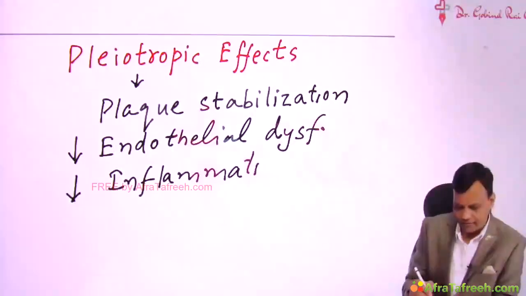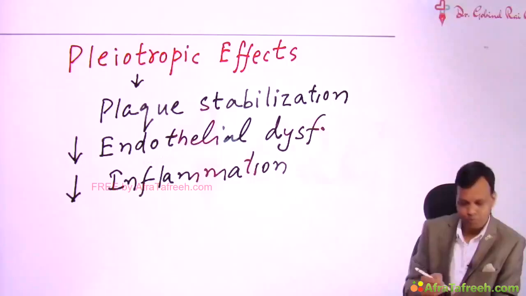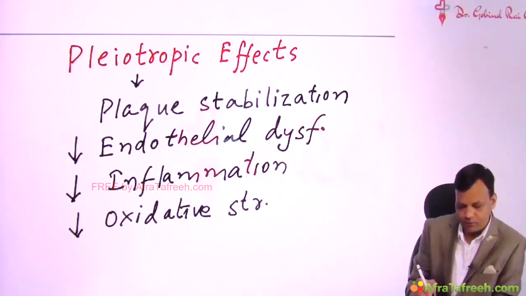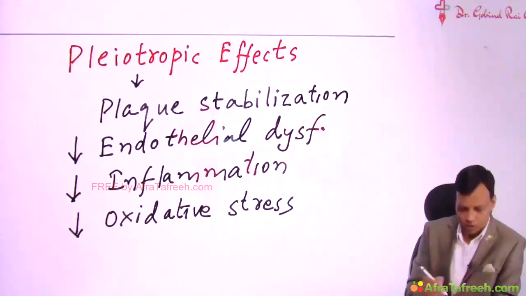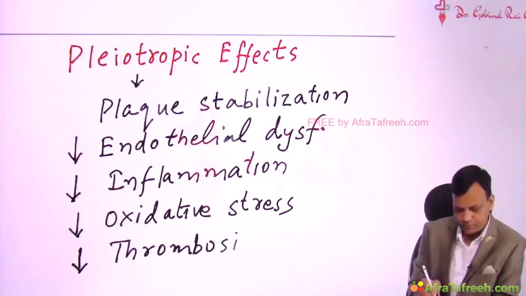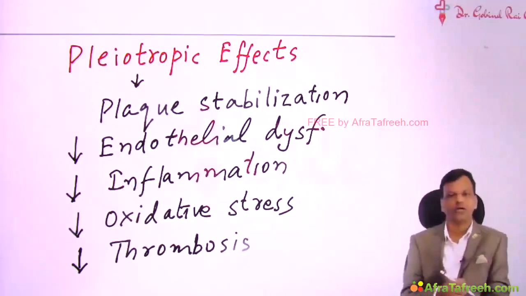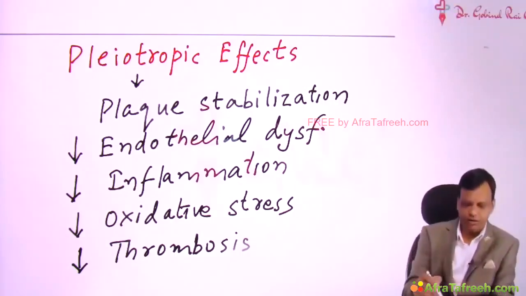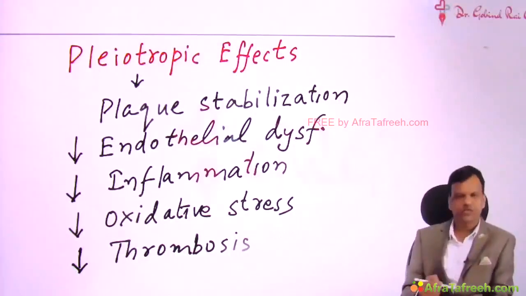These have anti-inflammatory effects. These also decrease oxidative stress. These also have anti-thrombotic effects. So these effects are called pleiotropic effects. They also benefit the cardiovascular system. And you can remember these effects from the name pleiotropic effects.